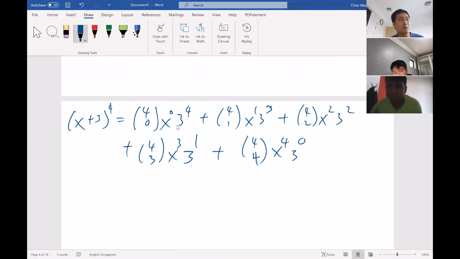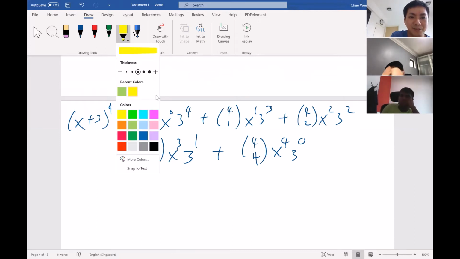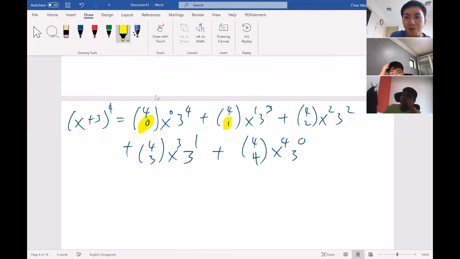Okay, so you can see once you know the trick to the expansion, it is very natural. The trick is always the index element here must jump from 0 all the way to 4. And the powers of x will follow it, and the powers of 3 is complementary to it, as in that the power must sum to 4, that's all. Okay, and then you can simplify this.